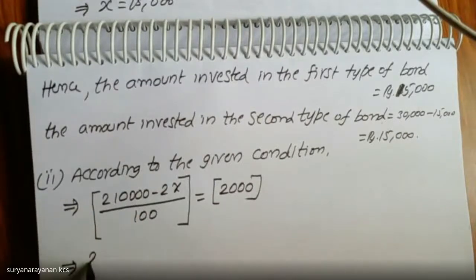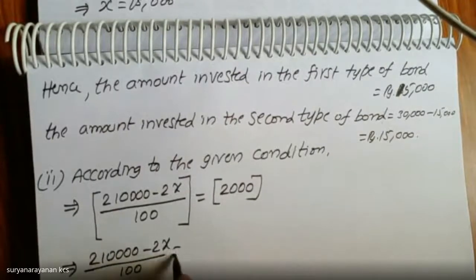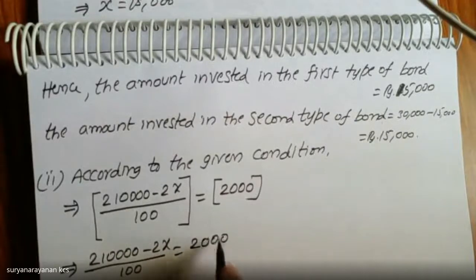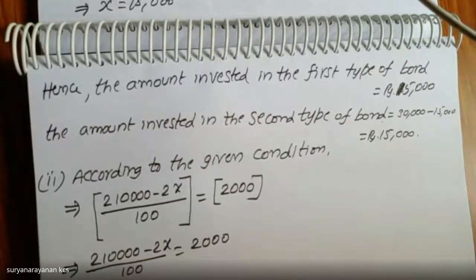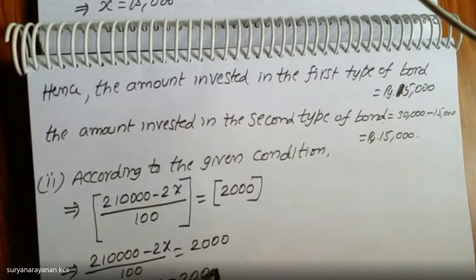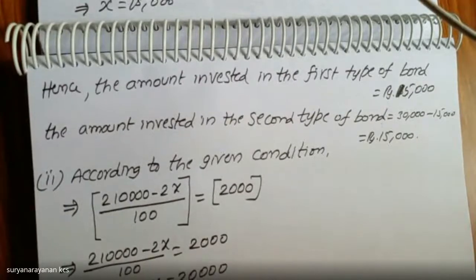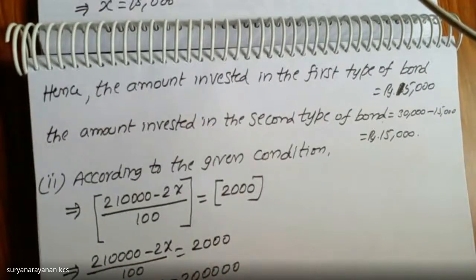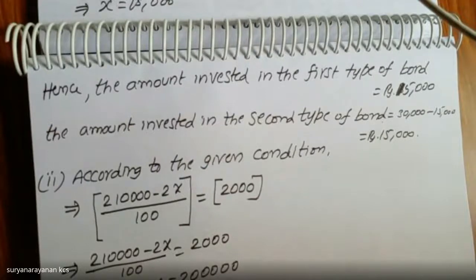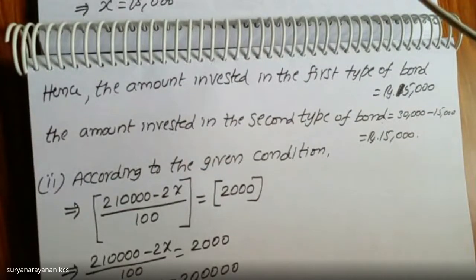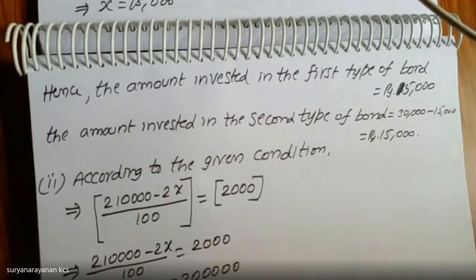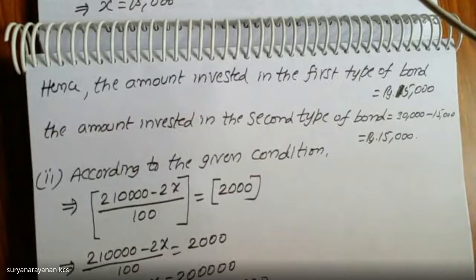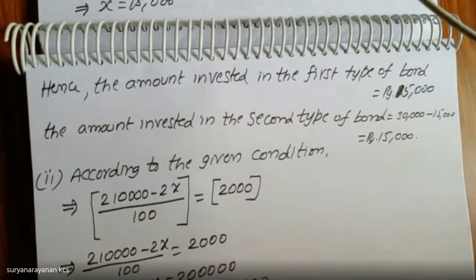This implies 2,10,000 minus 2x is equal to 2 lakhs. This implies 2x is equal to 2,10,000 minus 2 lakhs. Then what will you get here? 2x is equal to 10,000.